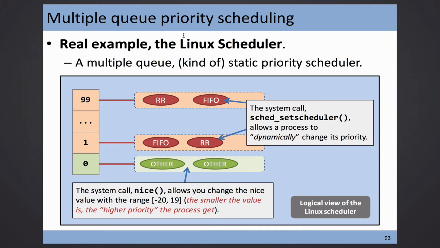If you want to understand more about this class, let's say you want to run some processes with higher priority, you can take a look at this function. What is this function?